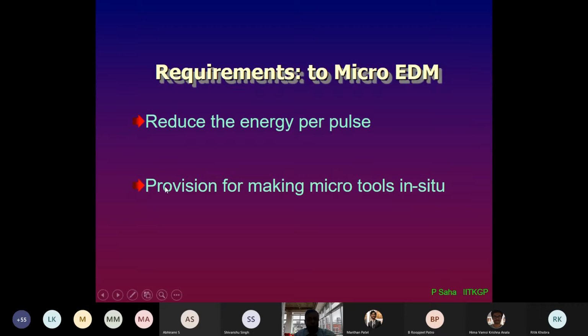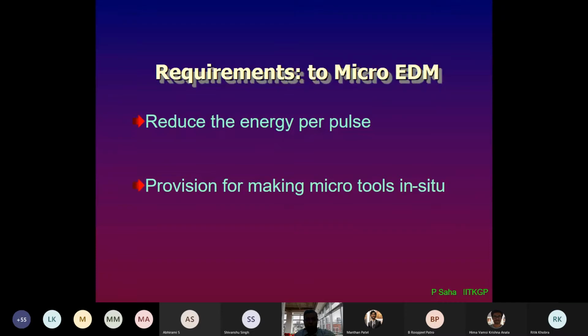So for micro EDM, I have to have a provision for making the tools in situ. In situ means in the micro EDM setup itself, there should be some facility to manufacture the tool, and by computer-controlled movements, that tool will be brought near the machining zone and used without you needing to mount it onto the spindle separately, with the fear of damaging the tool.